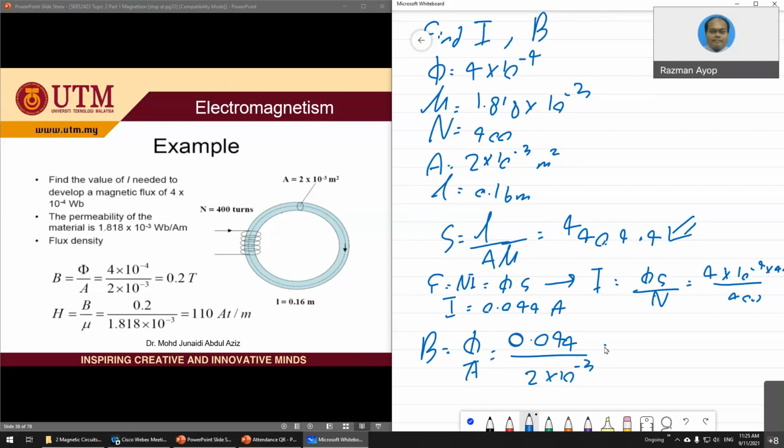The answer is not the same. Where is the mistake made? Can you see it? Are you seeing where the mistake is? You have to check back. Any of you see the mistake?